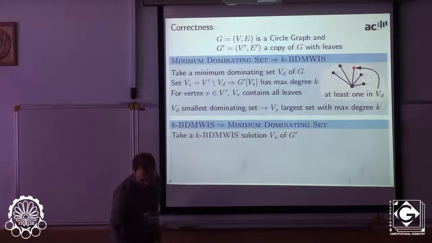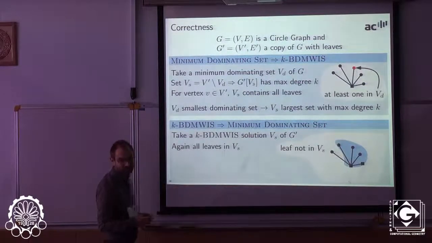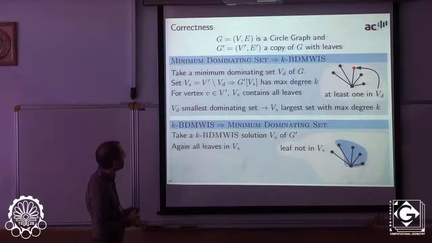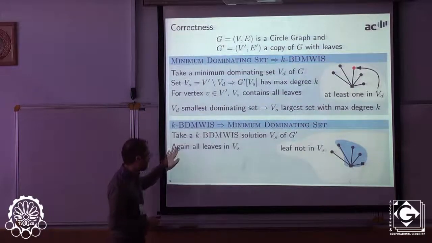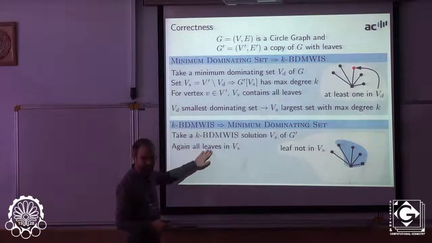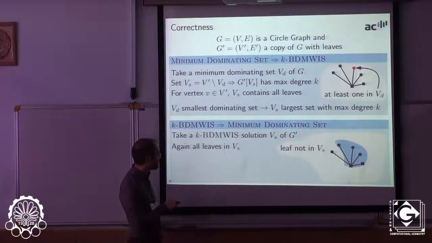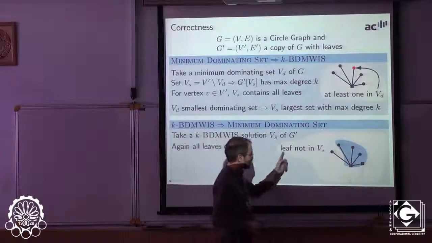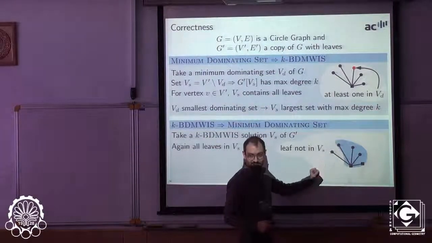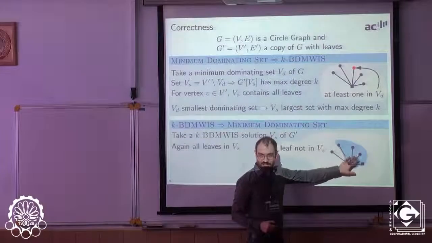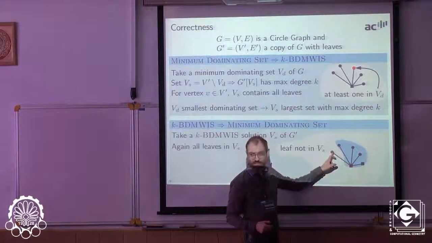So that's one half of the reduction, and the other one is taking a solution to our vertex degree constraint weighted independent set problem, and then showing that this corresponds to a minimum dominating set. So again, what we can assume is that all the leaves are actually included in our solution to that problem. If you assume there would be one leaf that is not in the set, because we know the maximum degree is K, every internal vertex has one neighbor that is not in the set.